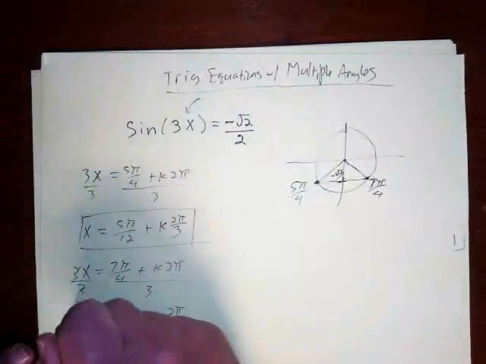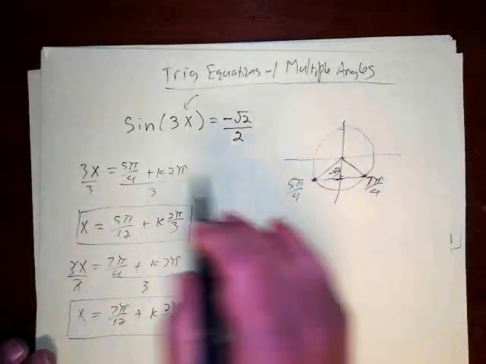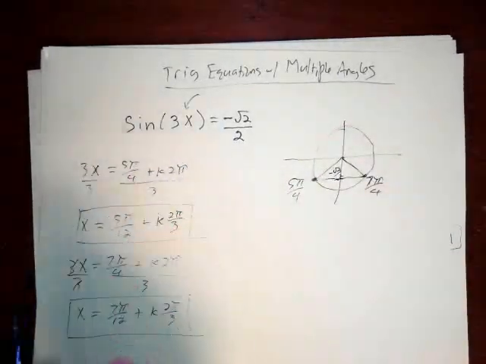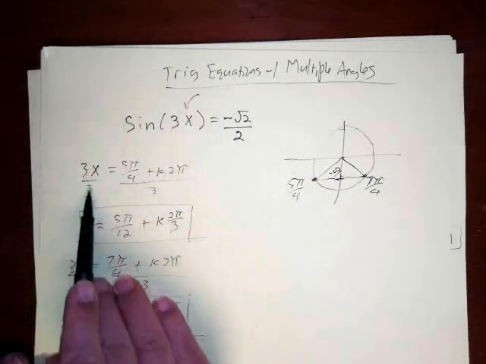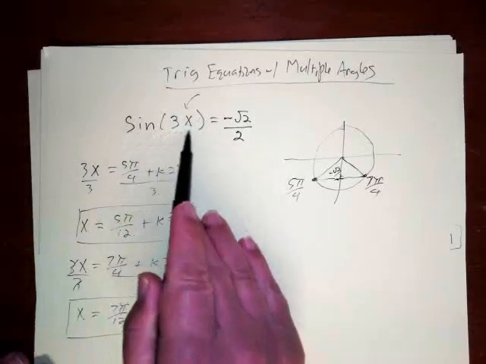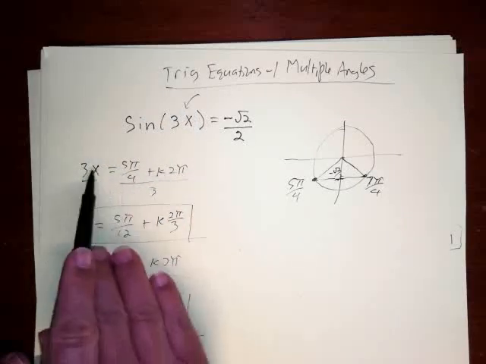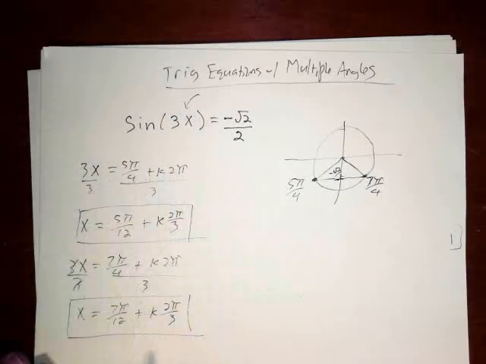So basically what you're doing here is the exact same thing as before, but you have the extra step of solving for x at the end. You're setting whatever's inside here equal to the solution set, and then you're solving that for x.